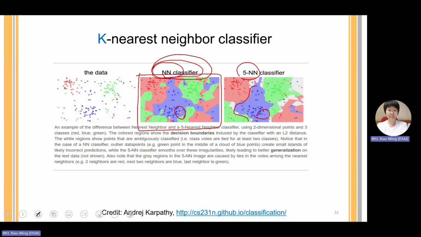You memorize every input in the training data, which is often noisy, leading to very complicated decision boundaries, and they oftentimes do not generalize well to test data.